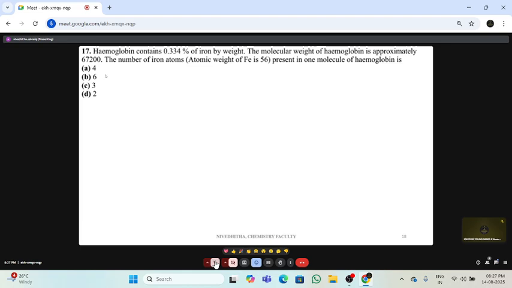So this question is from mass percentage of element in a compound. Please solve this problem. We have only one formula there, and the question is very direct. Please substitute the given values and let me know the number of iron atoms present in one molecule of hemoglobin. If you don't remember the formula, please let me know. I'll give you.